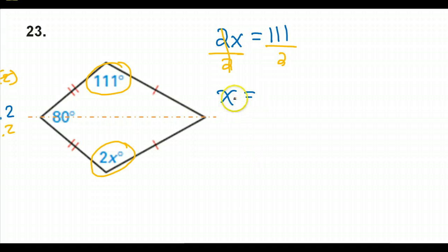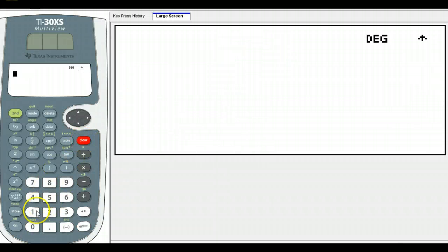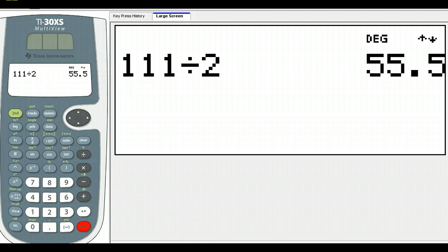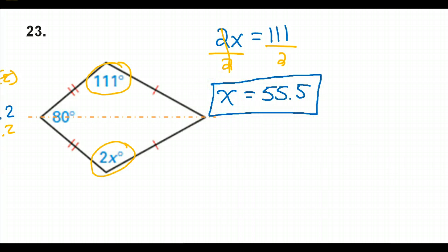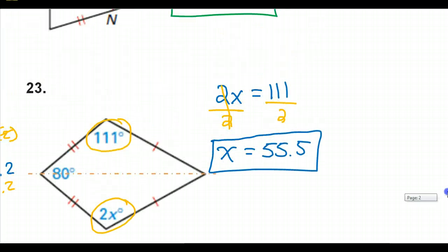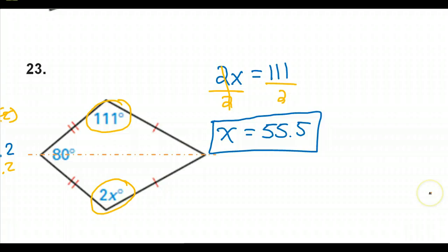Okay, so that's going to give me x equals 55.5. Okay, and that is the answer for number 23. And that's the end of the homework.